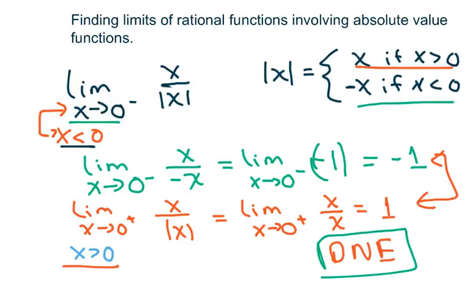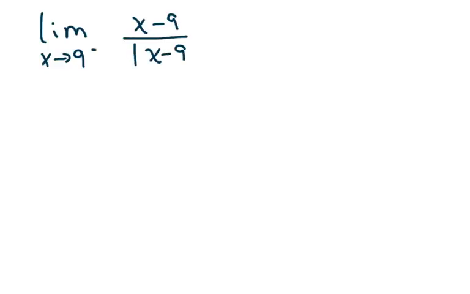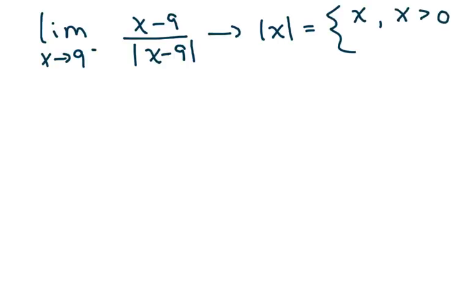Okay, the next problem I'm going to do is a little more complicated, but it's not that bad. So we have the limit as x approaches 9 from the left of x minus 9 over the absolute value of x minus 9. Now, remember, the absolute value of x can be broken down piecewise as x when x is positive and negative x when x is negative.